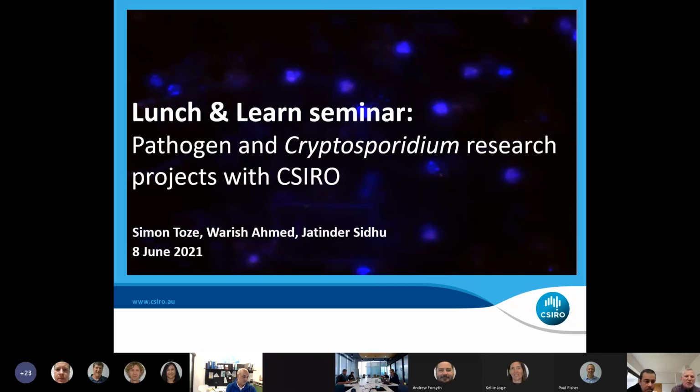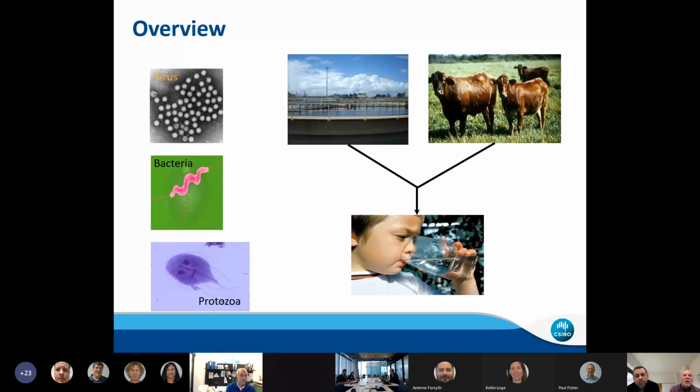So just as a quick overview, in one project we're looking at a range of microorganisms that can cause disease. And effectively what we're looking at predominantly are those that come from enteric origin. So those are the ones that are excreted by humans or animals in their feces, get into the waterways, and then can cause a problem down the track to people.